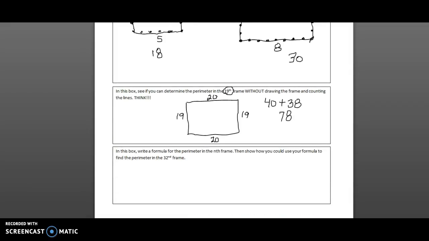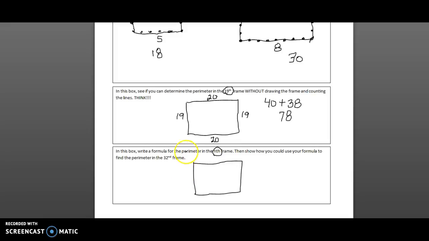All right. If I were you again, I would pause and see if you can do this formula without my help, and then just come back and check. So I'm going to draw my rectangle. I'm working on my nth frame this time.